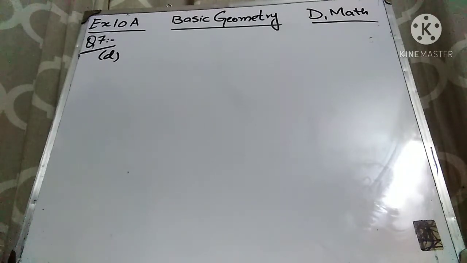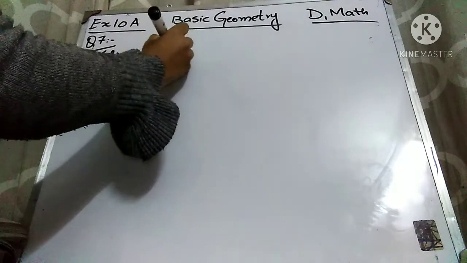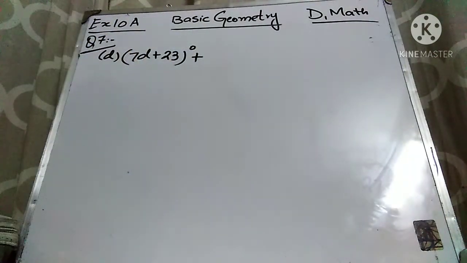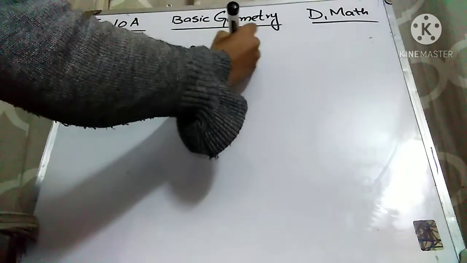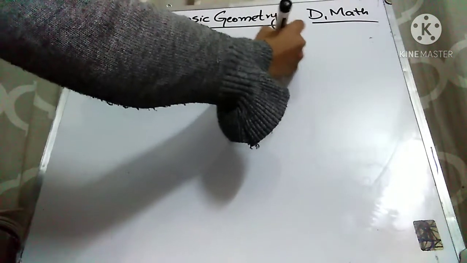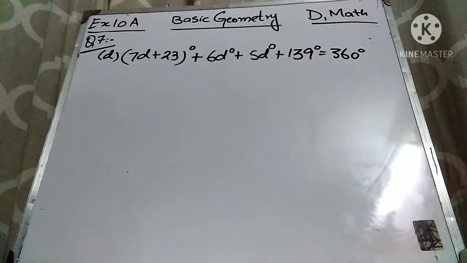So the four angles are 7D plus 23 plus 6D plus 5D plus 139 degrees is equal to 360 degrees. The sum of angles at a point is equal to 360 degrees.